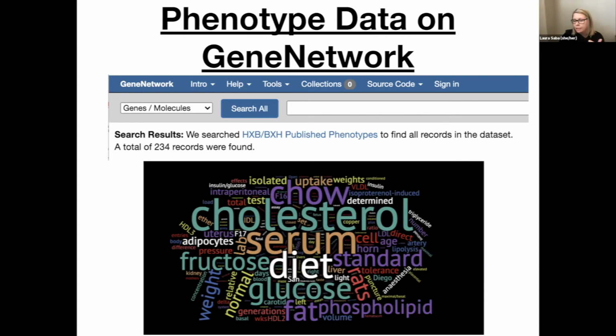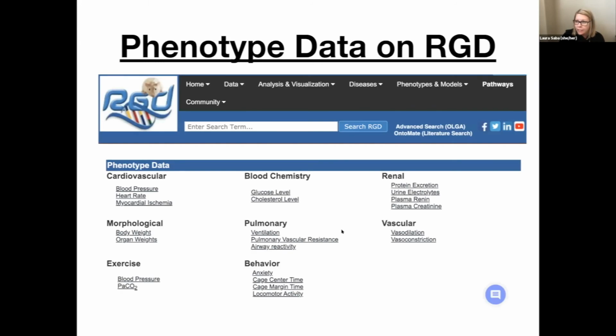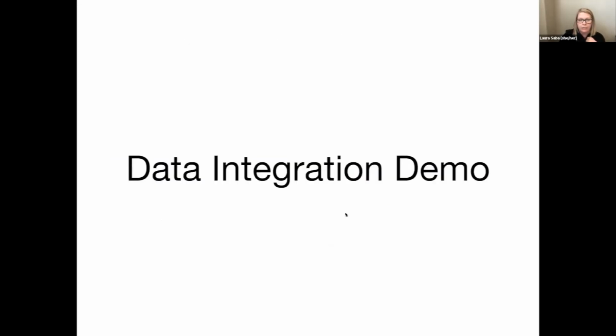So we know that there are some differences in cardiovascular traits. There's also some phenotype data on many of the inbred strains that are part of the HRDP, and that is available through the Rat Genome Database.